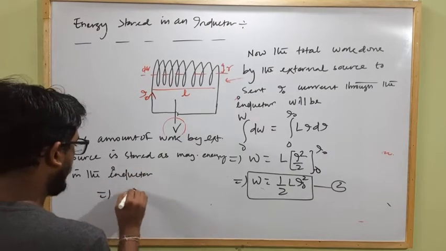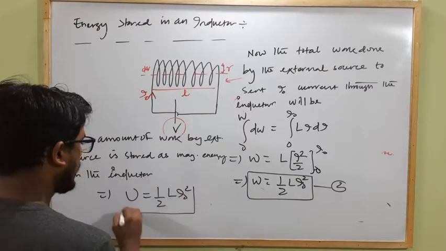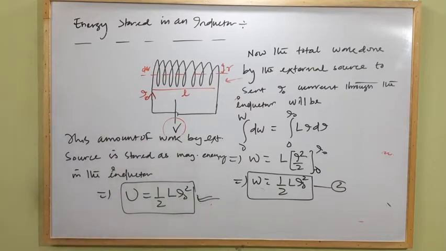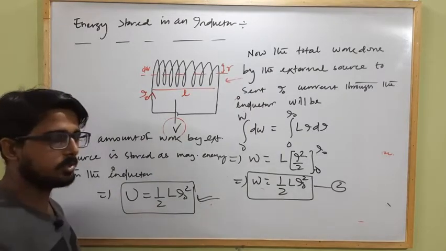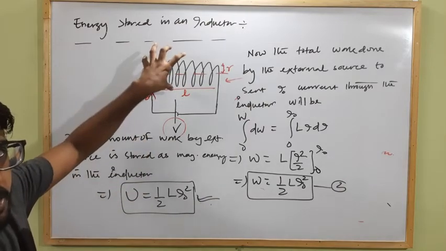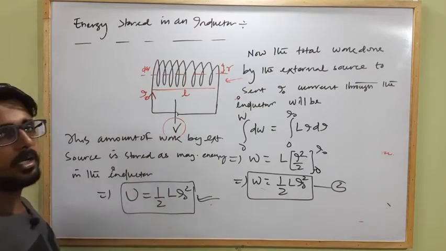So what will be the value of magnetic energy stored in the inductor? Half L I naught square. Clear? This is an important formula and expression for your examination purpose and for numericals also. This is the amount of energy stored within an inductor due to flow of current within it.